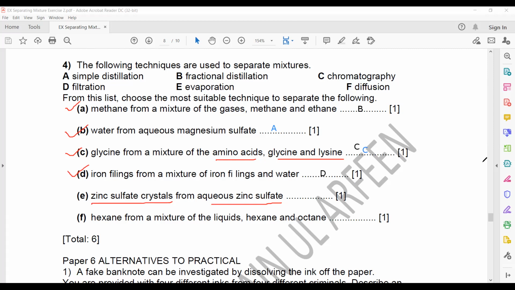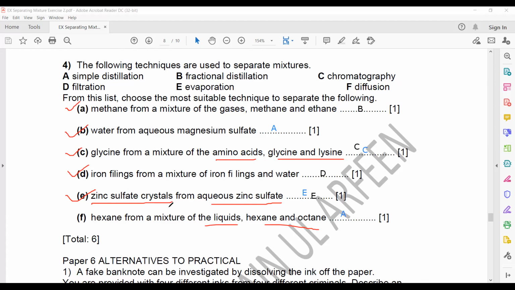Zinc sulfate crystals, we want salt from the solution. A dissolved salt from solution, we can use evaporation. And hexane from a mixture of liquids, hexane and octane, two miscible liquids. We want to separate two miscible liquids from each other.